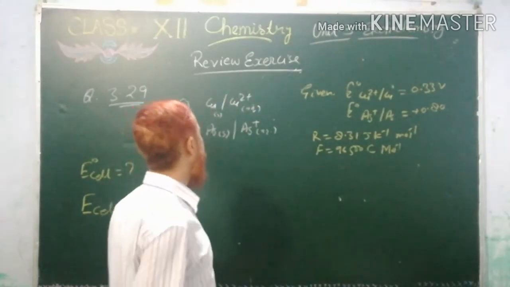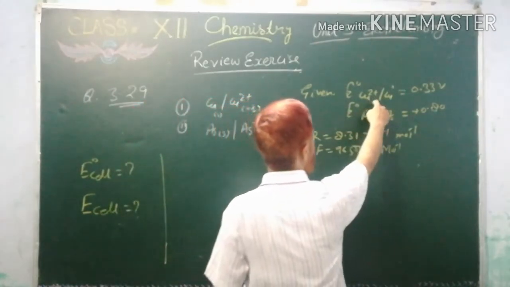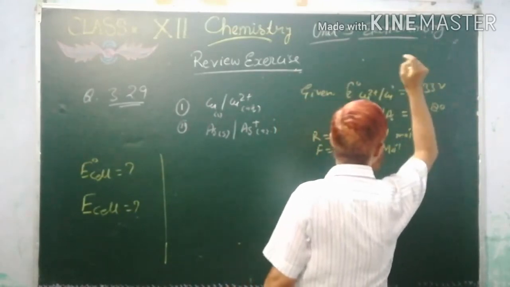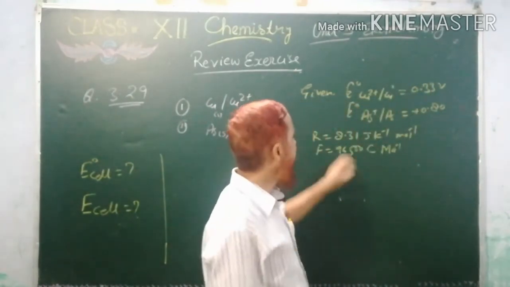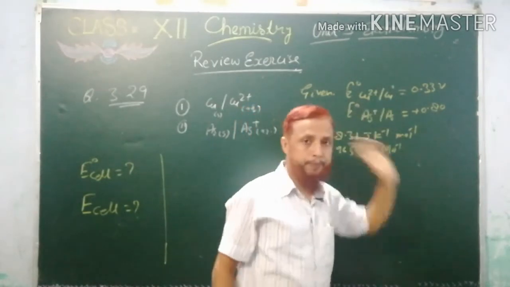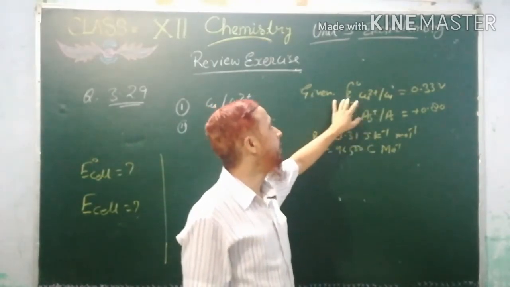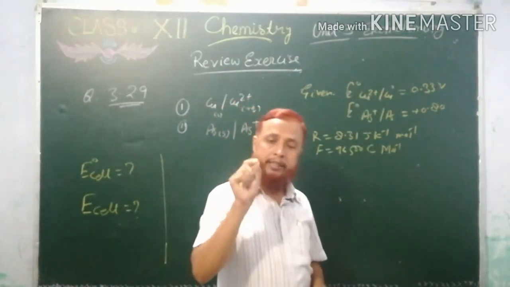How can we decide? You see here, according to this data, the reduction potential of copper is 0.33, which is less than the reduction potential of silver. Means the reduction potential of silver is more than copper. So this is the fact.